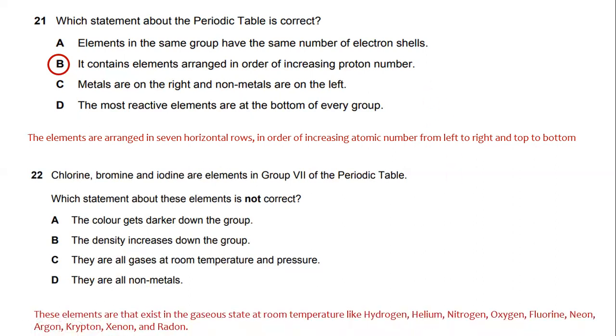These elements exist in the gaseous state at room temperature, like hydrogen, helium, nitrogen, oxygen, fluorine, neon, argon, krypton, xenon, and radon. So the answer about chlorine, bromine, and iodine is they are all gases at room temperature and pressure.